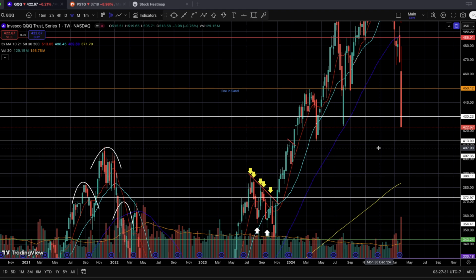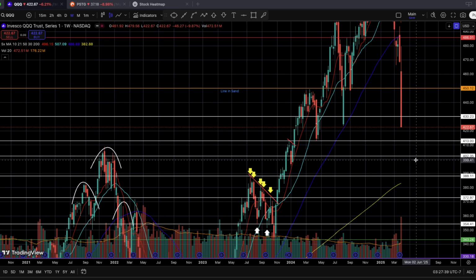Or if you just want to round down to the whole number, 402. Or obviously we have that psychological whole number level of $400. At that point, I would assume the weekly 200 SMA has risen far enough to reach the psychological $400 level, and we can see the price converging at that level simultaneously with the weekly 200 SMA.